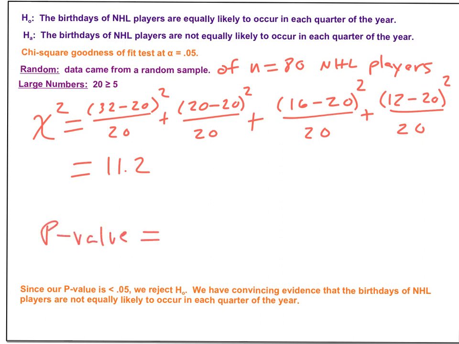Again, that might seem like a little bit of a mystery, but we'll get to the calculator feature. We had 4 categories here, so our degrees of freedom is just 3. But again, our p-value is less than 0.05, so we reject H0. And then we're convinced of what HA says, that the birthdays of NHL players are not equally likely to occur in each quarter throughout the year.